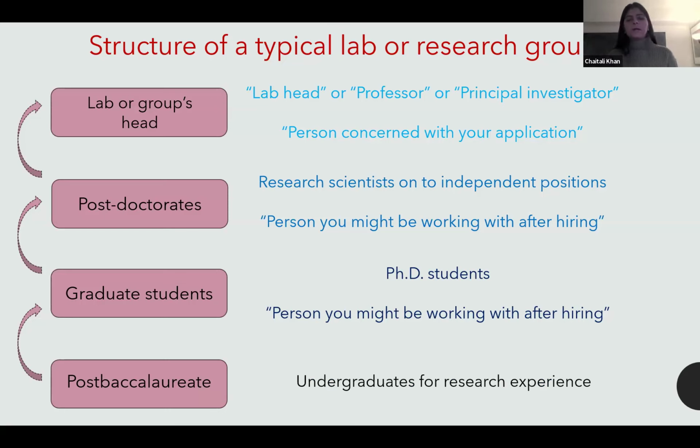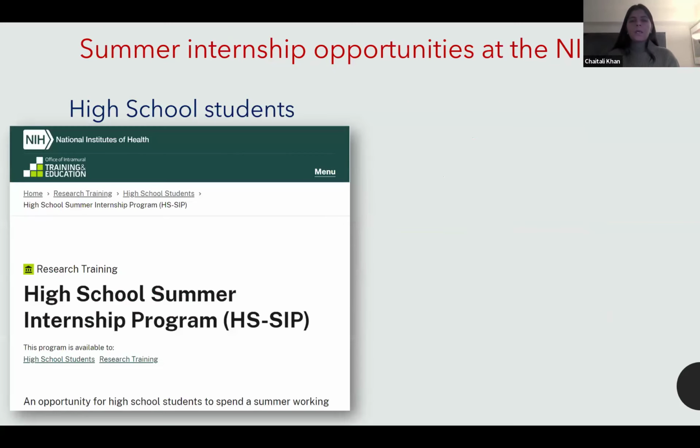And then post-baccs: NIH has post-baccs, not many universities do, or there are other undergrads involved in research experience, whom you will be interacting with during your stay of the internship. So this is how a typical lab structure looks. So when you are applying, just bear in mind who is the right person to contact, and how you are navigating your application.